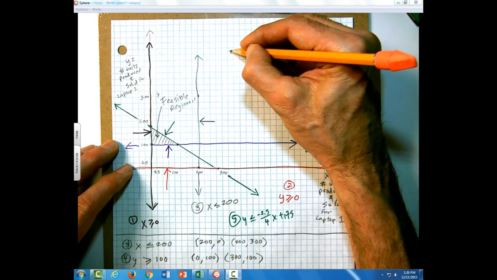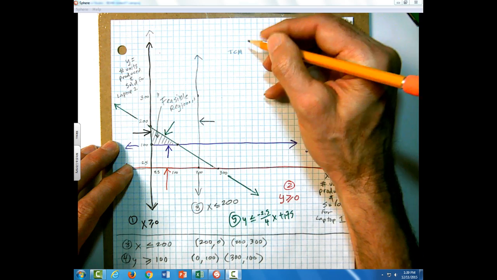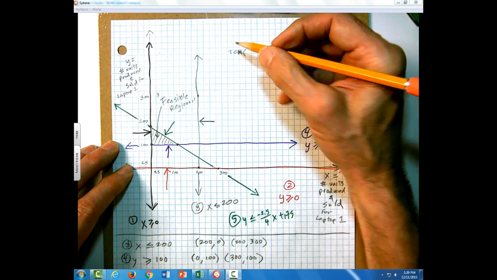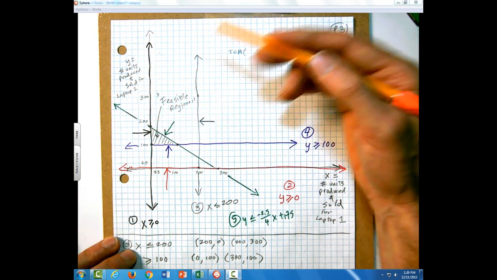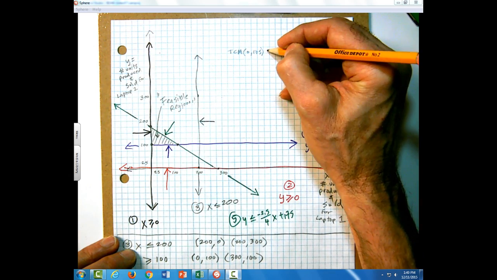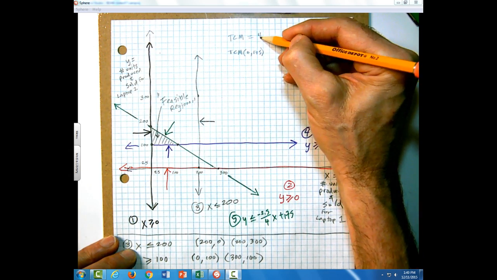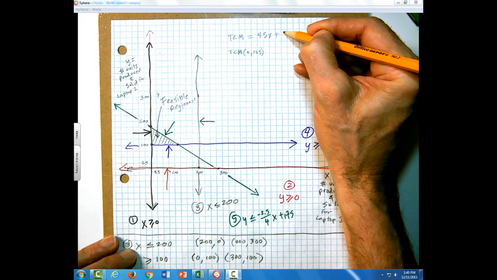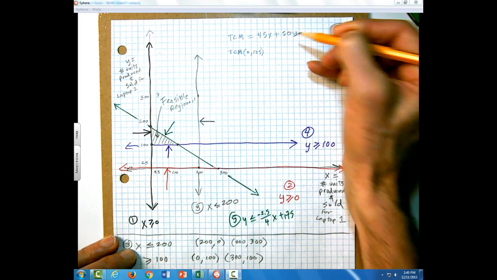Now I'm going to scoot this down here, and we're going to say TCM, total contribution margin. And I'm going to use this point right here, 0, 175. And then the objective function, 45x plus 50y.